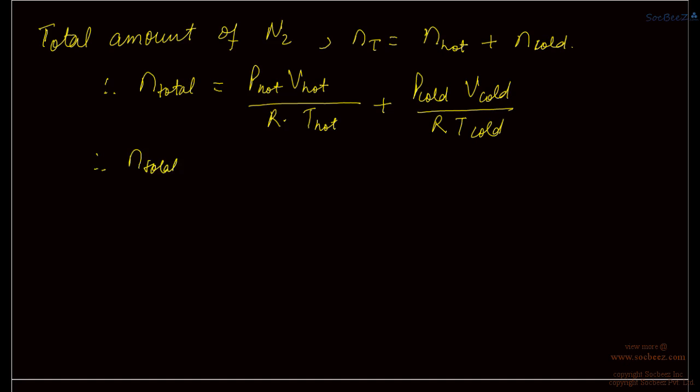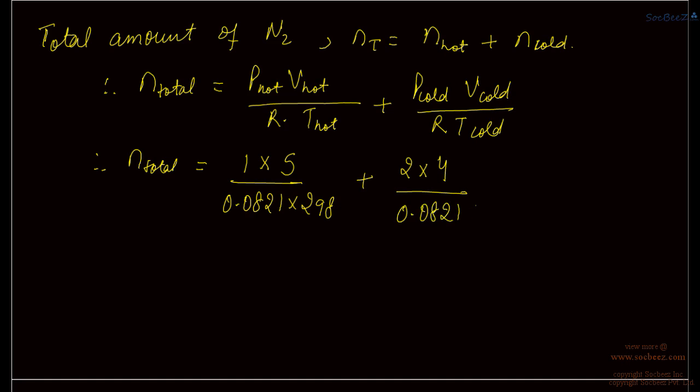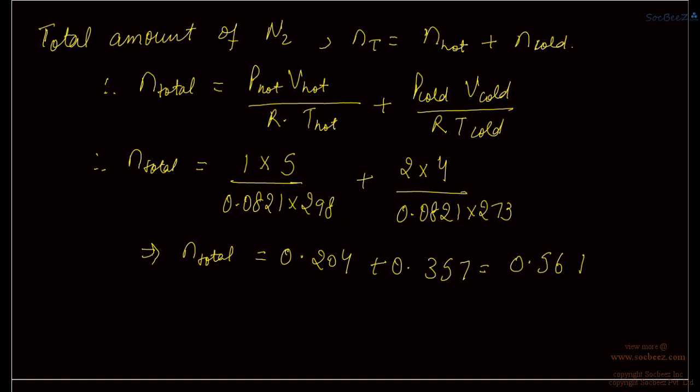Therefore, N total will be 1 into 5 upon 0.0821 into 298 plus 2 into 4 upon 0.0821 into 273, which gives us N total equals 0.204 plus 0.357, which is equal to 0.561.